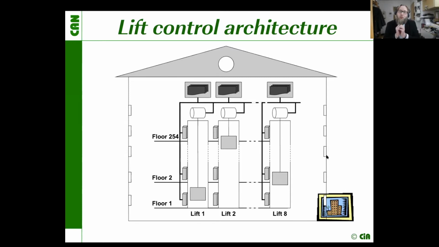Oscar gave us a short introduction into CANopen. What we've seen there is we have some limitations in CAN regarding the physical length of the cable, and limitations in the number of devices on a specific CANopen network.